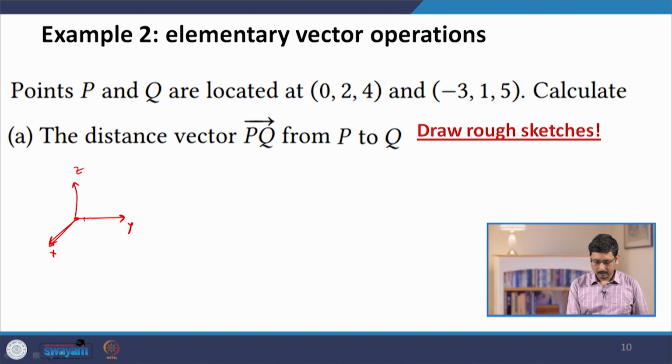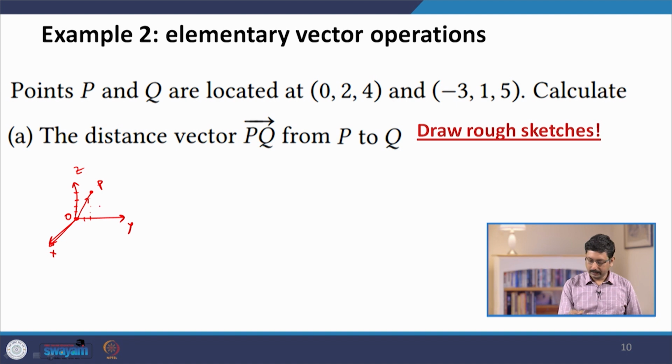So, let us say I go 2 step along y direction and then the z component is 4, that means I need to go 4 step along z direction. So, this point P is located in the yz plane. So, this is point P, and if this is my origin, OP represents the position vector or location vector of point P.